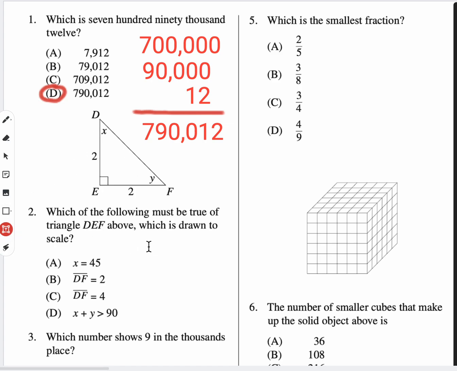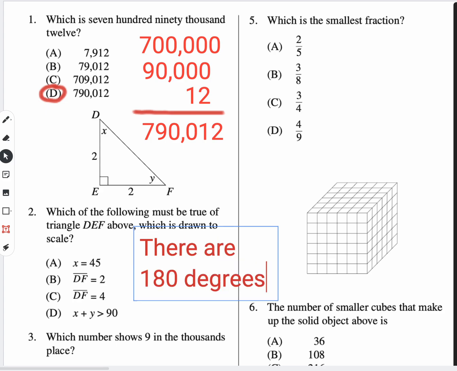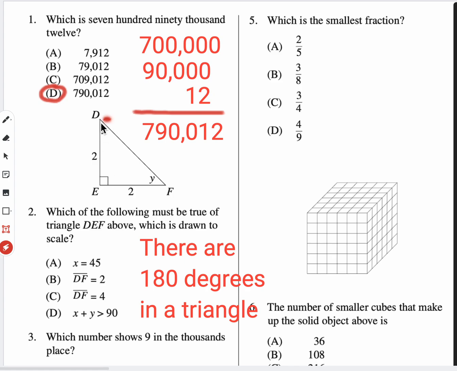The first note we want to consider will be that there are 180 degrees in a triangle, and that this is a right triangle. What that means is that the two remaining angles, or x and y, must add up to 90 degrees.